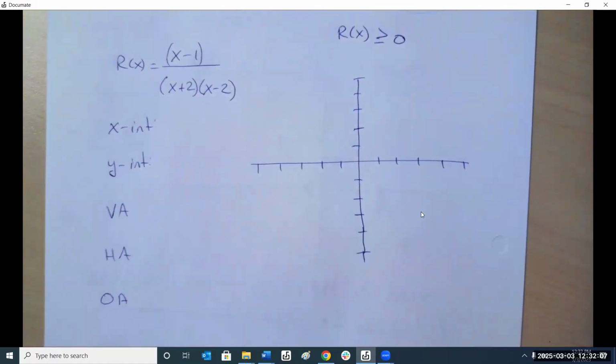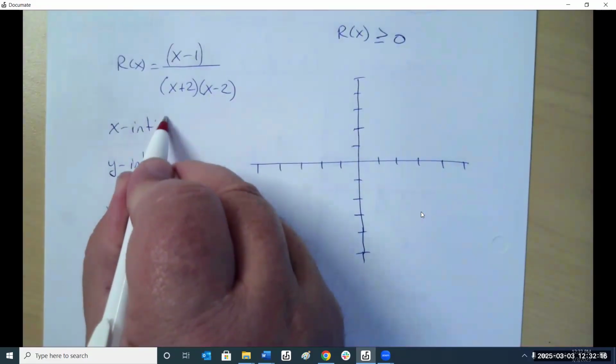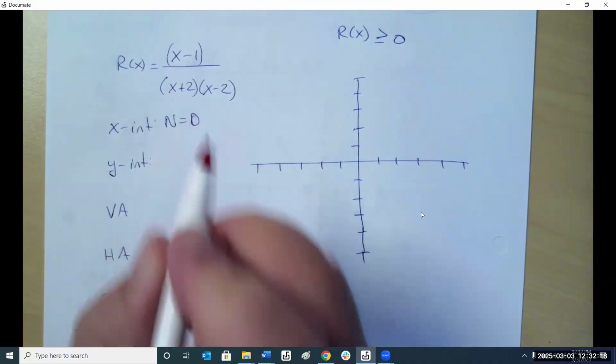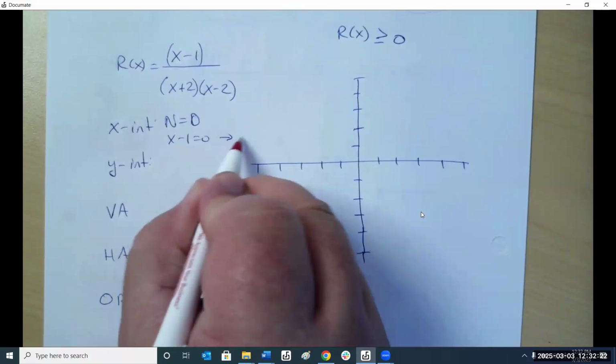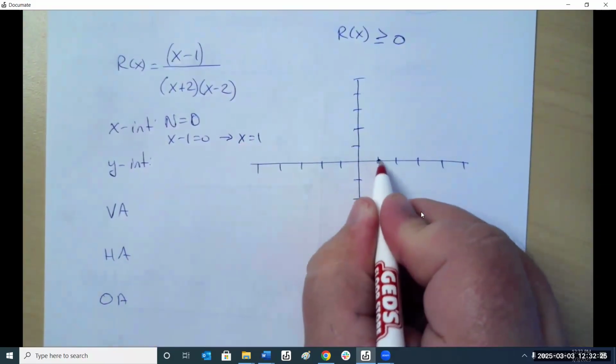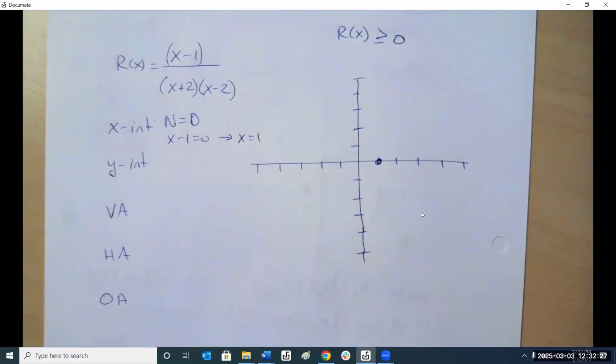So what's my x-intercept? Set the numerator equal to 0. So x minus 1 equals 0. x equals 1. So there's my x-intercept.